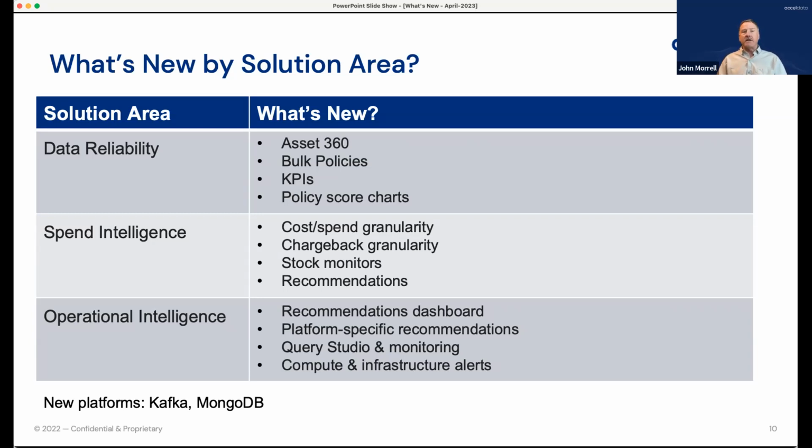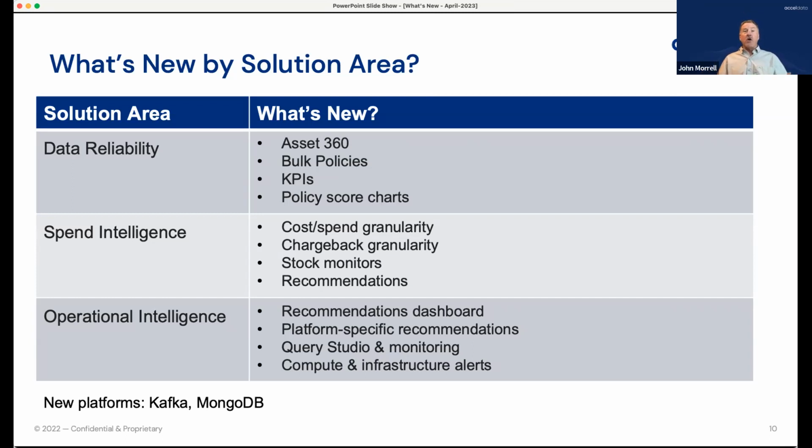These recommendations are platform specific. So we know what platform we're working with, whether that's something like Snowflake, Databricks, or Hadoop, and we tailor the recommendations to that specific platform so that you can work with it and understand it.